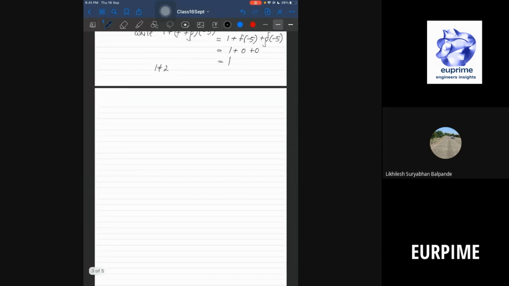Now let us look at question D. It does form a subspace. Suppose F and G satisfy the property, and let C be an element in R, then C times F plus G of minus 1 is equal to C times F of minus 1 plus G of minus 1, that is C times 0 plus 0, which is equal to 0.